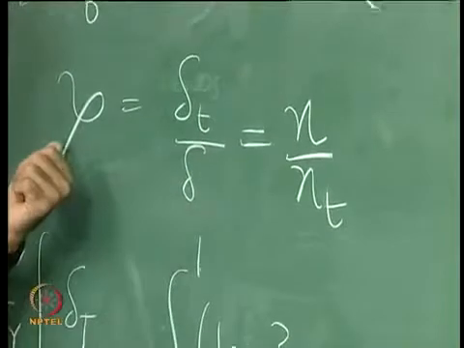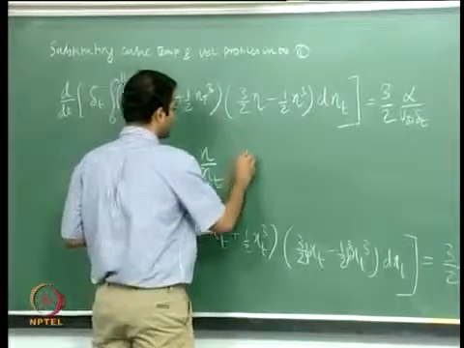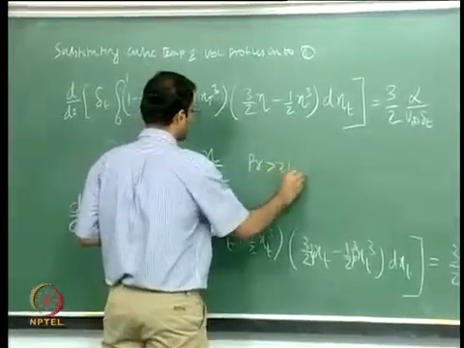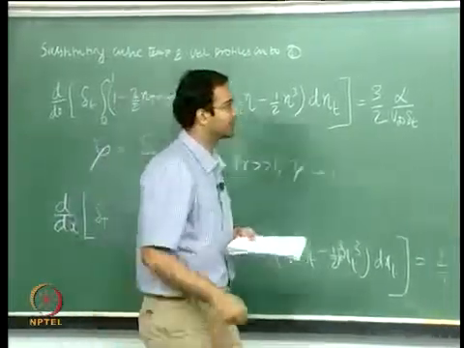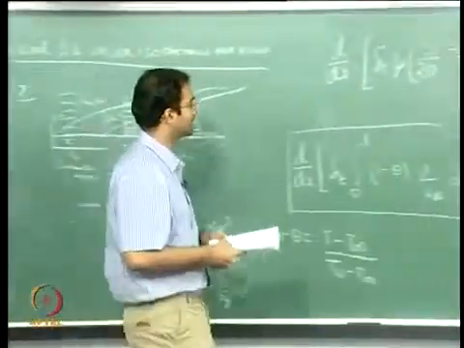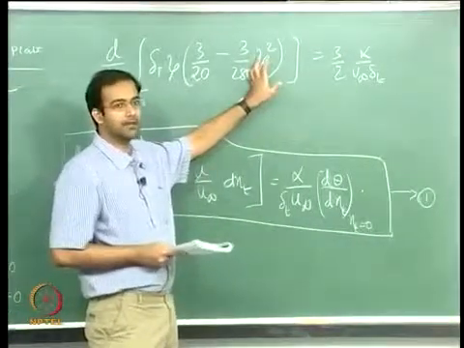Less. So your zeta should be less than 1. For Prandtl number much greater than 1, zeta should be much less than 1. If you bring in that approximation, you can neglect the higher order terms in zeta, as they are very, very small.